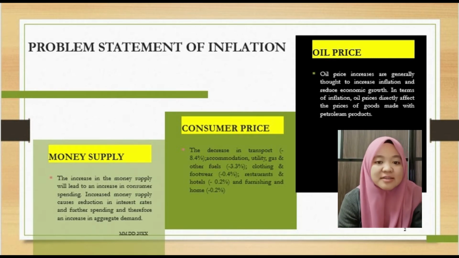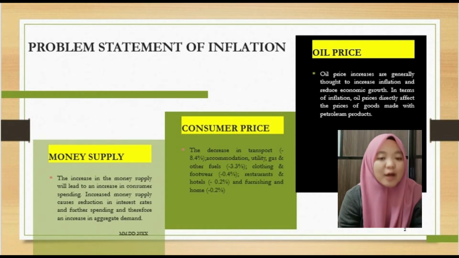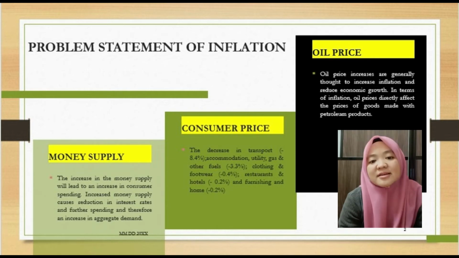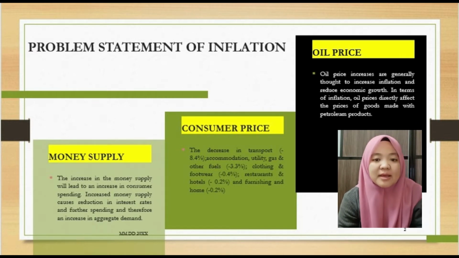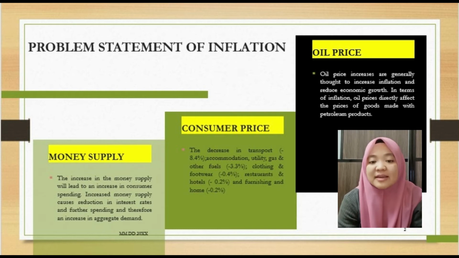The increase in the money supply is ensured by an equal increase in nominal output or gross domestic product (GDP). The increase in the money supply will lead to an increase in consumer spending. Increased money supply causes a reduction in interest rate and further spending, and therefore an increase in aggregate demand.